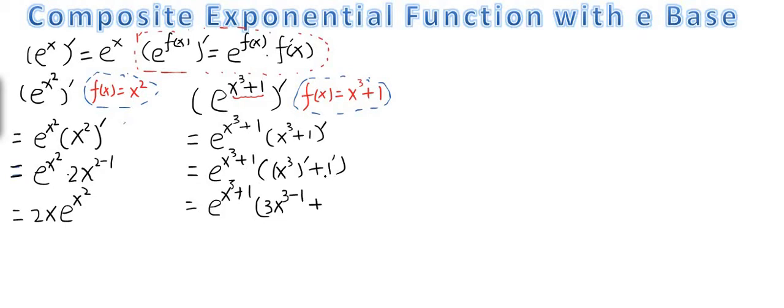And this is a constant, and the derivative of a constant equals 0. Okay, and then we copy it, and then we're gonna get 3x squared.